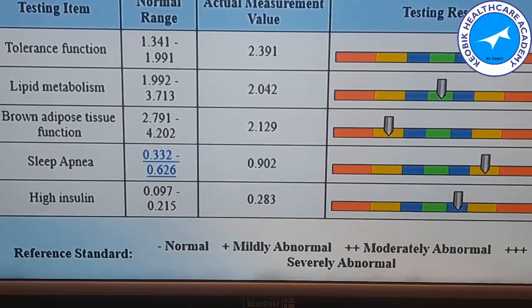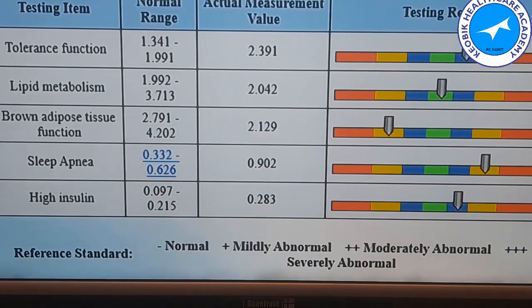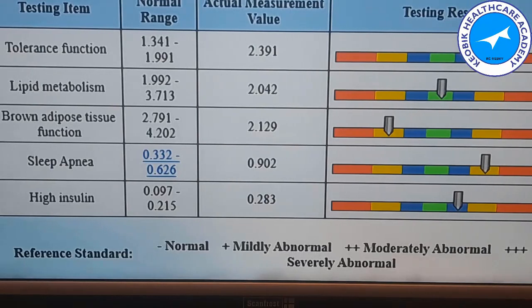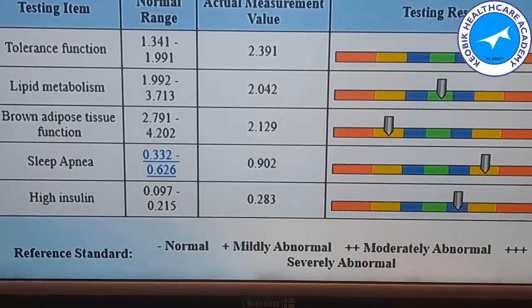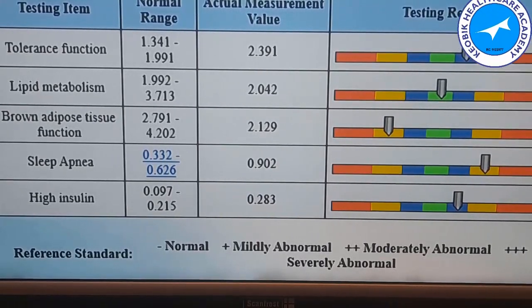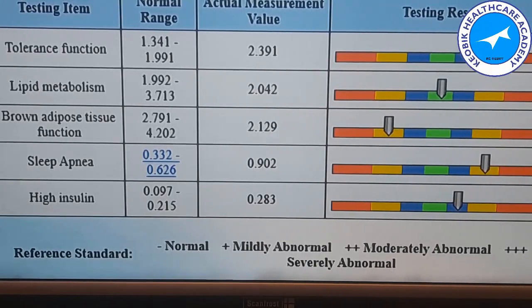Alpha lipoic acid. This is a very, very powerful supplement that helps to repair beta cells in the islets of Langerhans. Remember that inside the pancreas, you will see what we call the islet of Langerhans, and that is where the beta cells are produced, which are used to manufacture insulin that the body needs in order to absorb glucose into the body cells.